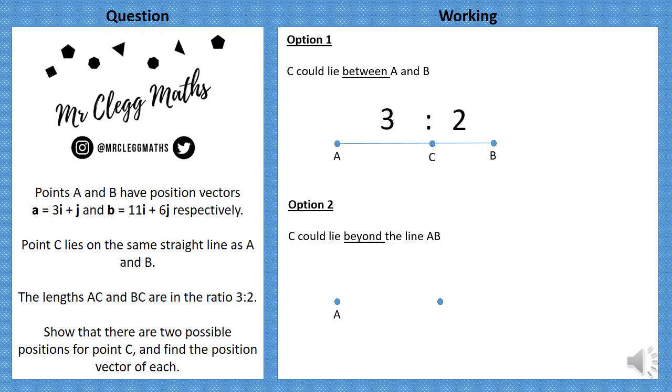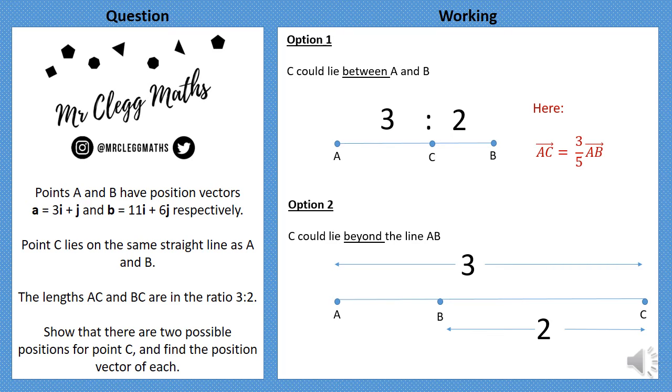So I could have A and B like that, and then C could lie somewhere right over here. But again, that ratio has still got to be true. So if I call this whole bit 3 parts, this bit here has got to be 2 parts. So you can see that the line AC is kind of 3 times longer than AB.